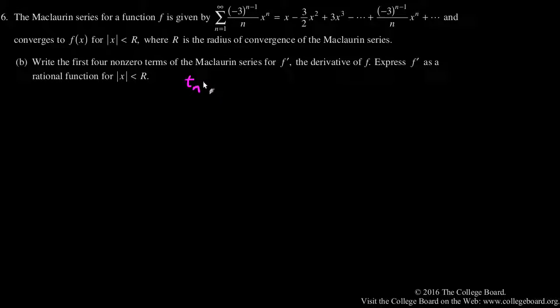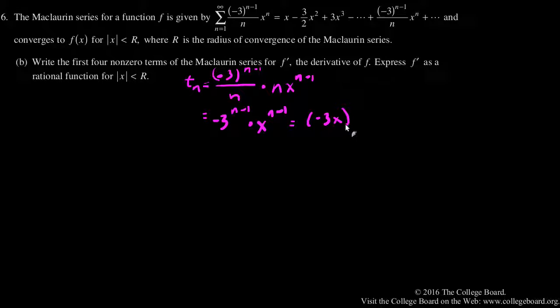We have -3 to the n minus 1 over n times, and let's do the power function rule, n x to the n minus 1, which gives me -3 to the n minus 1 times x to the n minus 1, or -3x all to the n minus 1.